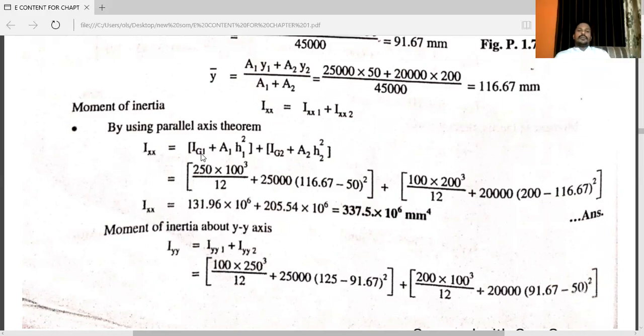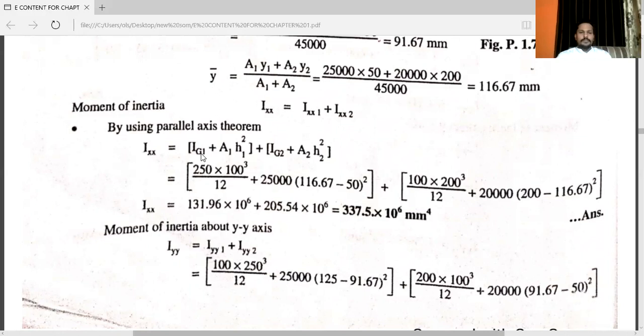For the rectangle, the formula is BH cube by 12. See, we have two rectangles, so the formula for the rectangle is the same, BH cube by 12, or you can say BD cube by 12, if you are considering depth.